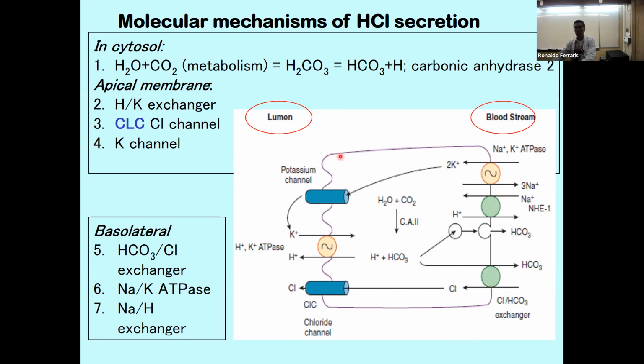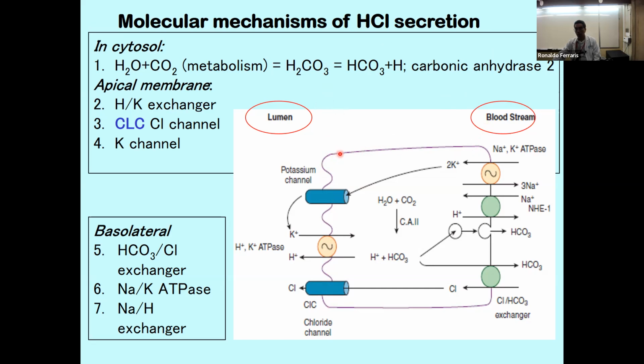Okay, so the question is, what is basolateral? So this is your parietal cell, and this is your apical membrane. Beside this parietal cell is another cell. You can imagine another parietal cell here, or another cell type, but their connection is actually very tight.